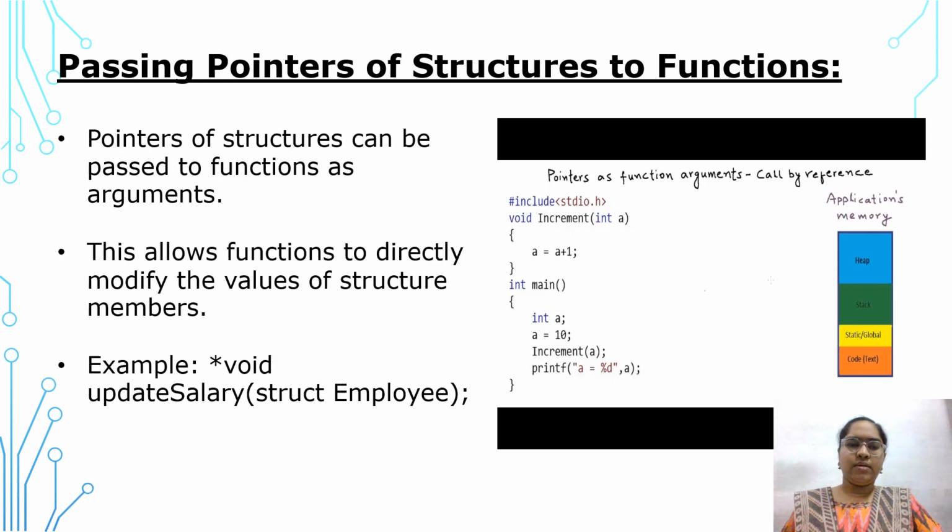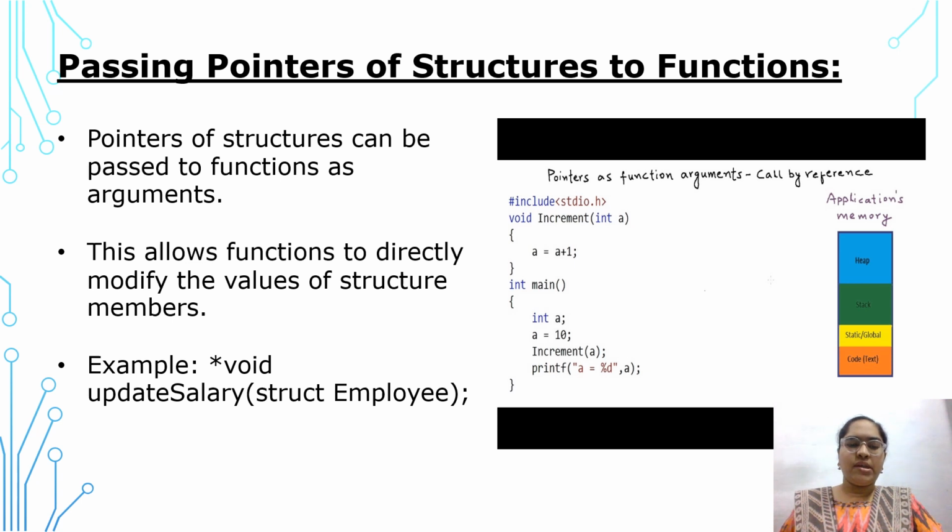And next, passing pointers of structures to functions. Pointers of structures can be passed to functions as arguments, which is very similar to the call by reference method, and this allows functions to directly modify the values of structure members.